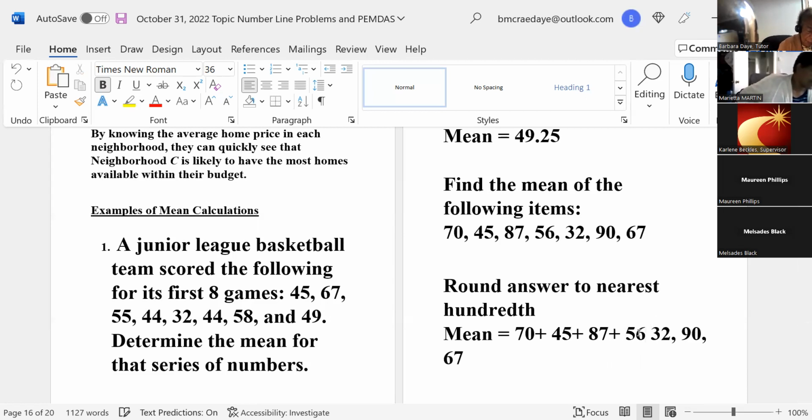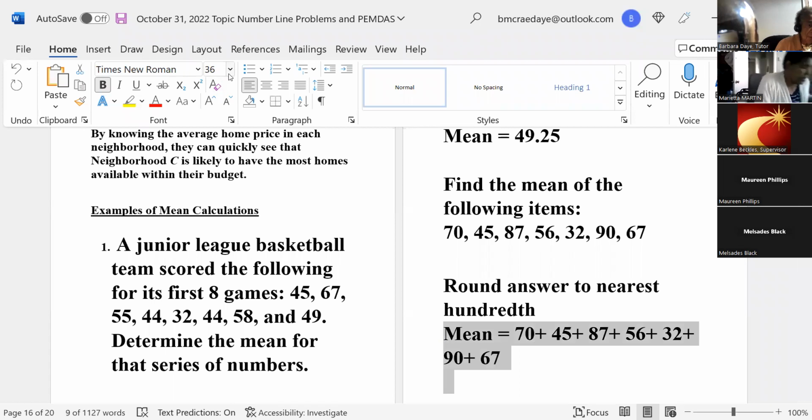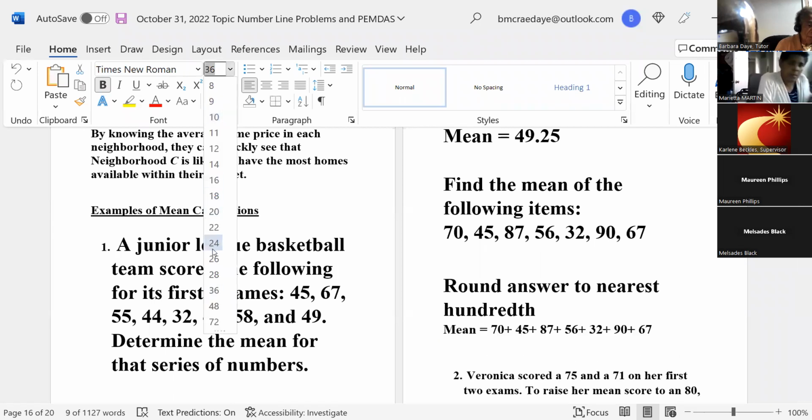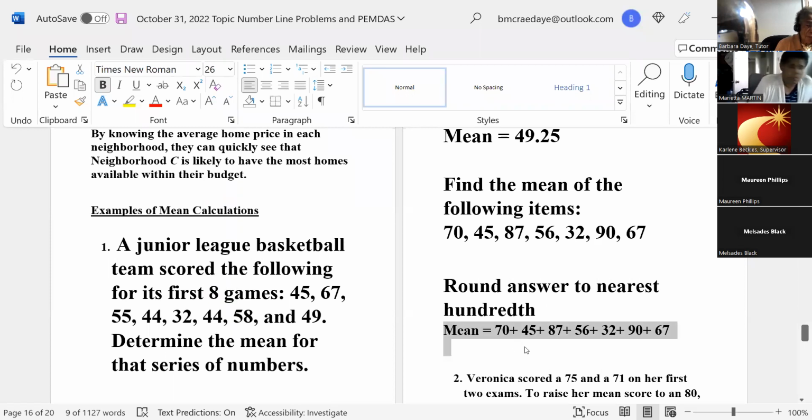Let me make sure I get the right answer. 70 plus 45 plus 87 plus 56 plus 32 plus 90.